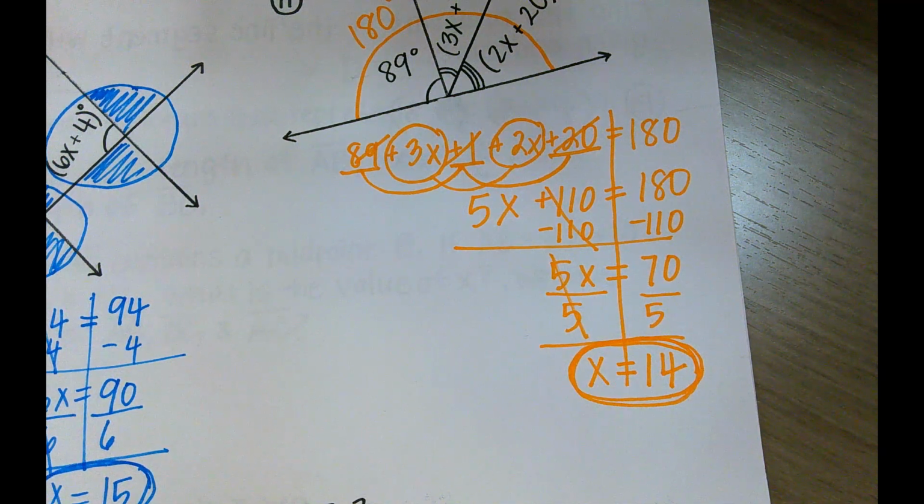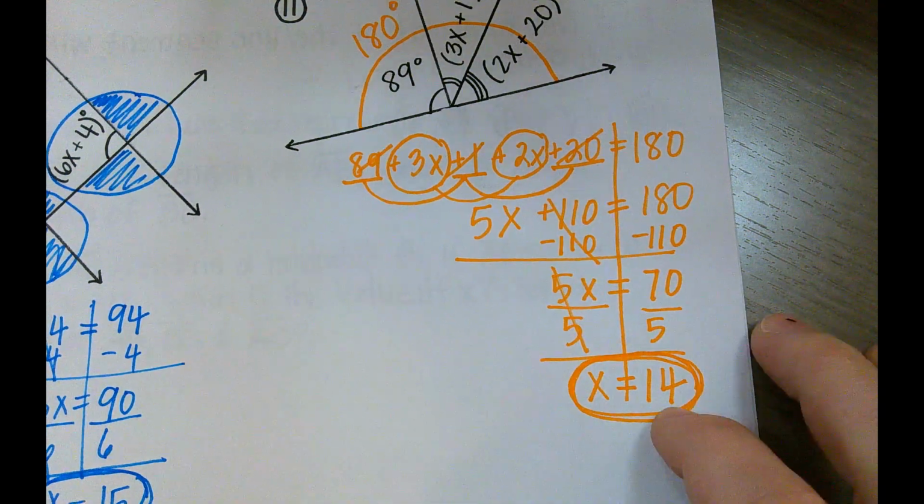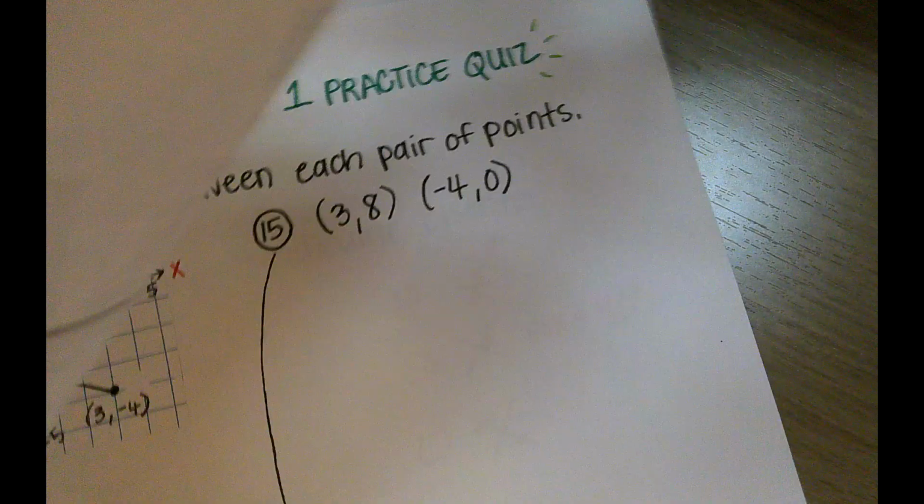I'll give you another minute or so if you need. And just looking ahead, on the next page we're going to be looking at midpoint and distance. So if you have those formulas written somewhere, start looking for them. They should be from yesterday's notes. We may have also done a sticky note somewhere. Go ahead to page 4.